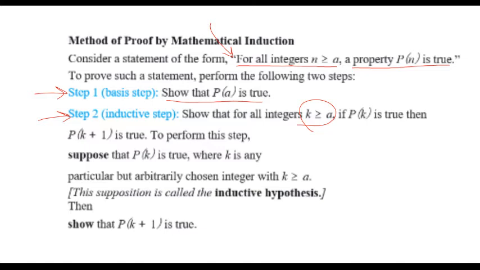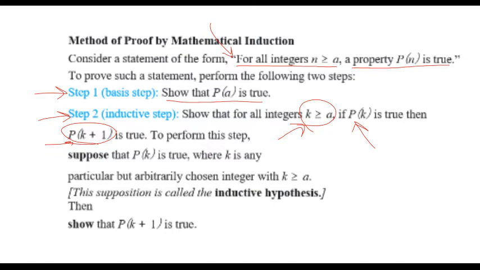So the inductive step basically says if the kth domino falls backward, then the next domino, the k plus 1th domino, also falls backward. Because here we say for all k greater than or equal to a, if P of k is true, then P of k plus 1 becomes true, right?